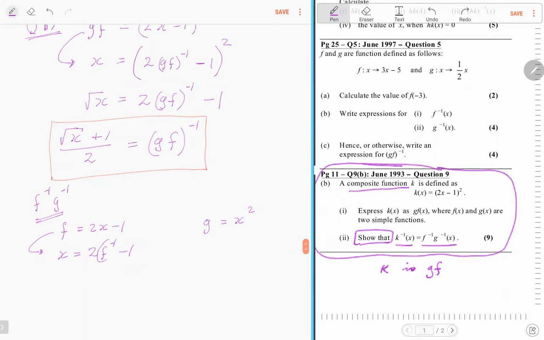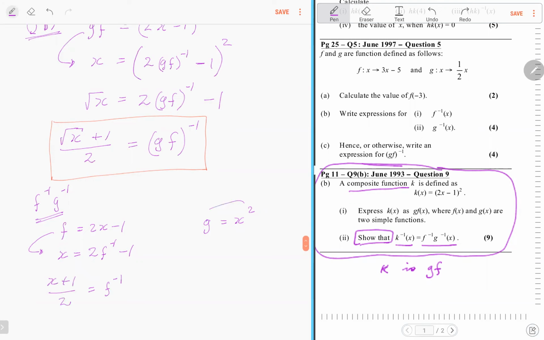Then we want to leave this as the subject. So what do we do? Carry over the 1 and add it, and then divide by 2. Nice and easy. So we're going to get x plus 1 over 2 equals f to the minus 1. So we have f to the minus 1.